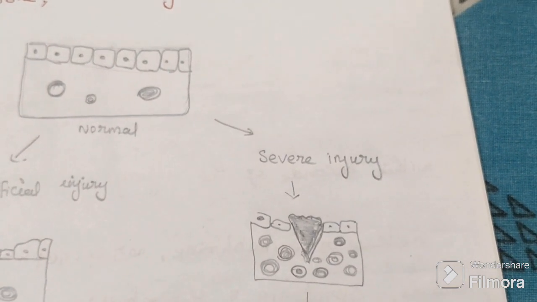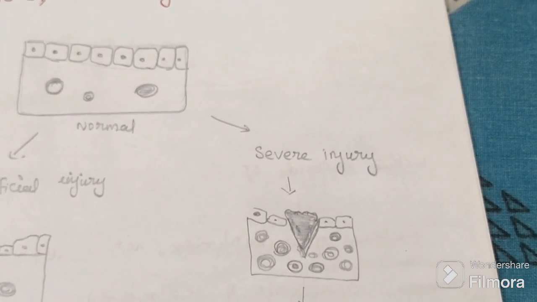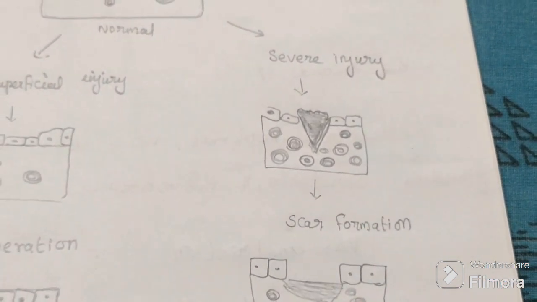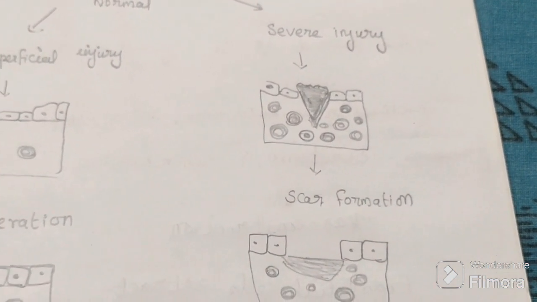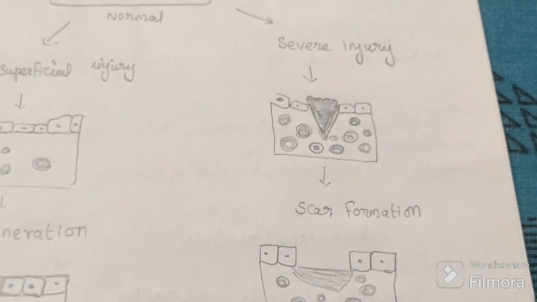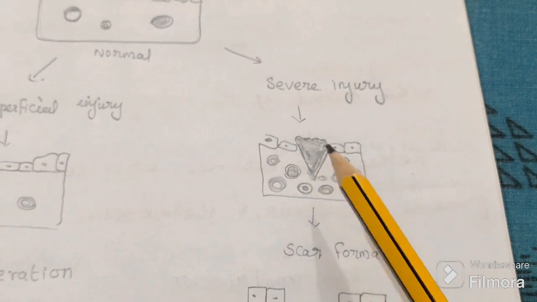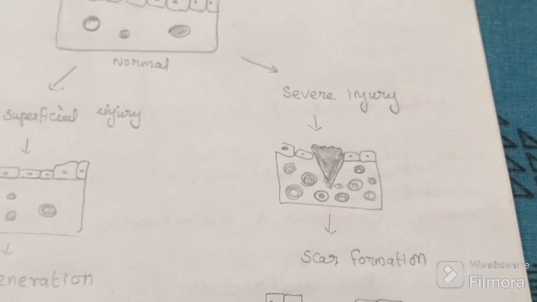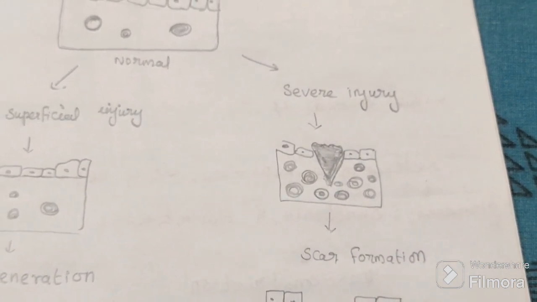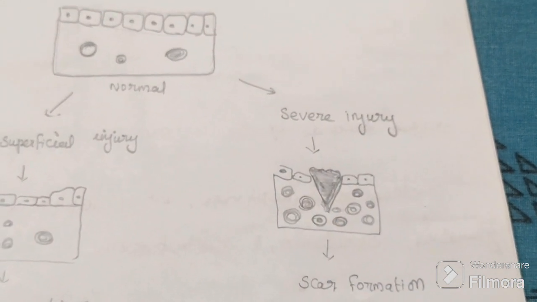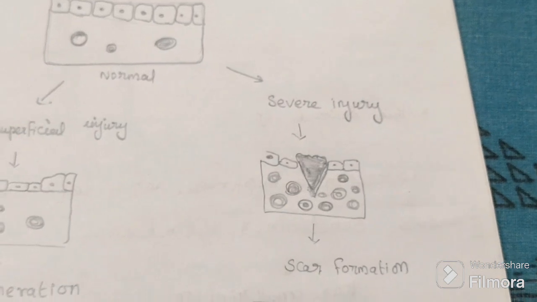See repair, which is the contrary. What is happening in repair? The injury is very deep. So whatever cells are lost here will never come again.